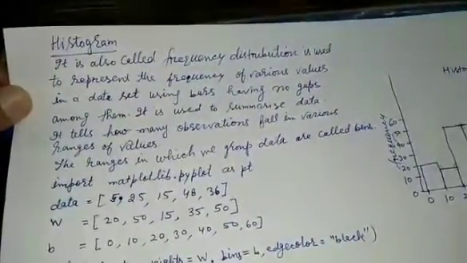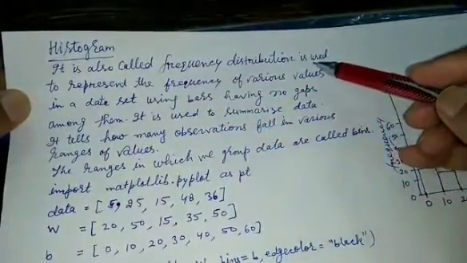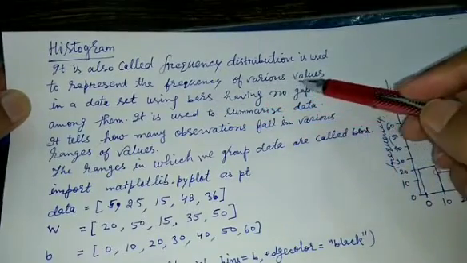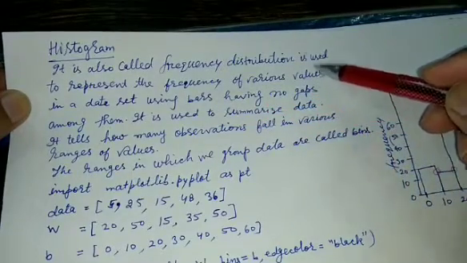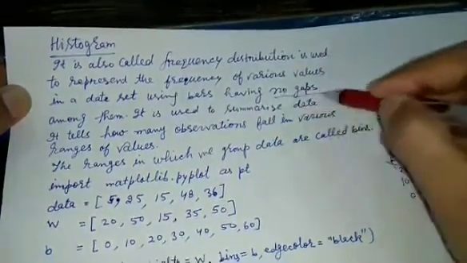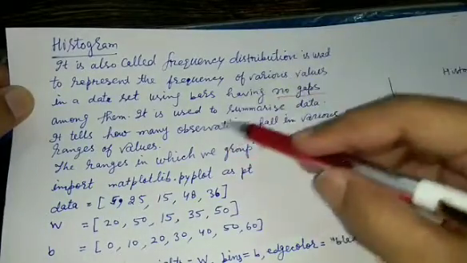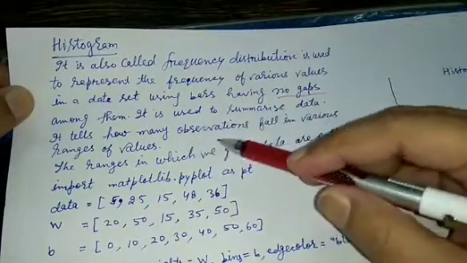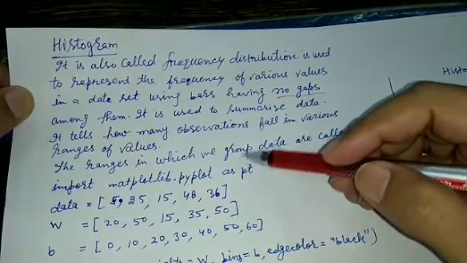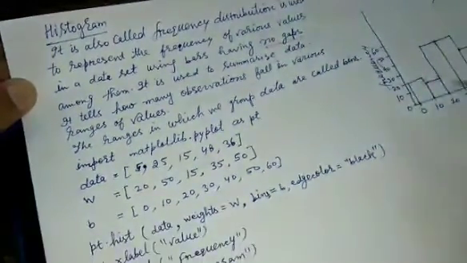Let's understand the description of it. It is also called a frequency distribution chart and is used to represent the frequency of various values in a data set using bars having no gaps. This is important, no gaps among them. It is used to summarize data. It tells how many observations fall in the various ranges of values.